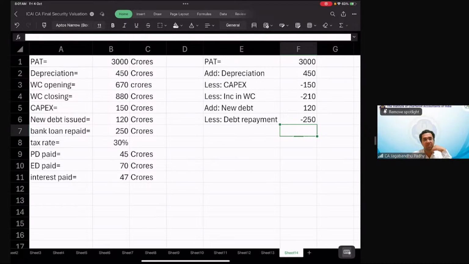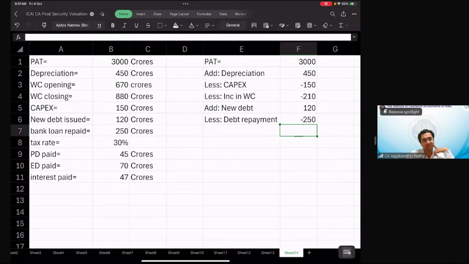Then the other aspect: anything we have to do with the equity dividend, preference dividend and interest paid? Out of these, which one is going to be considered in the calculation of FCFE? We adjusted the depreciation, the capex, the working capital, the debt.